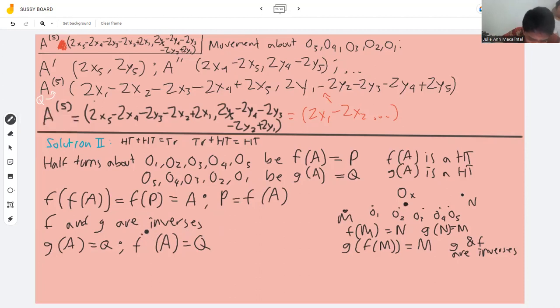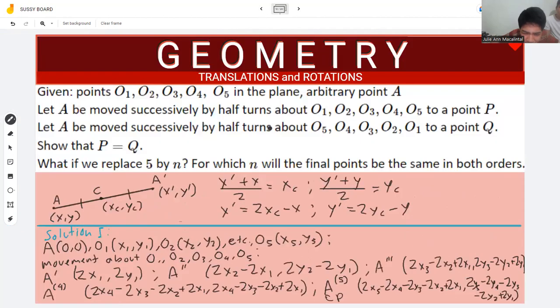I was correct. It should be F inverse. So P is equal to the inverse function of A. And then Q is also equal to the inverse function of A. So therefore, P is equal to Q.